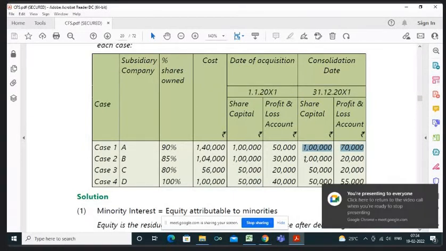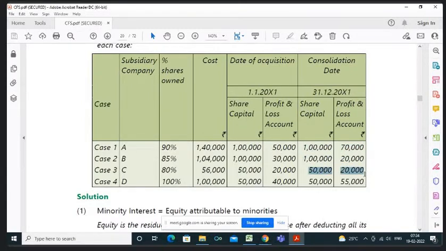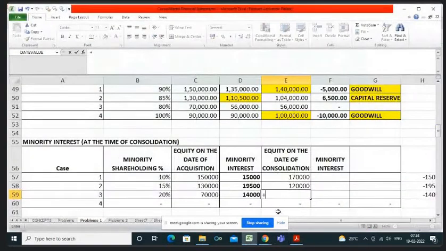So case 2 it will be 1 lakh plus 20,000. Case 3 it will be 50,000 plus 20,000. The fourth case we need not worry because there is no minority interest at all. What we need to do is multiply the equity on the date of consolidation by the minority shareholding, which is 10% here.